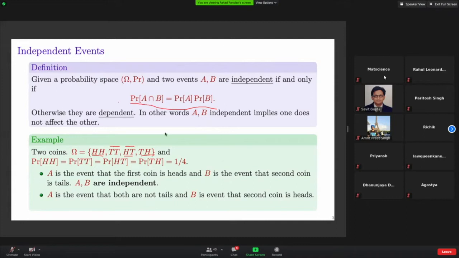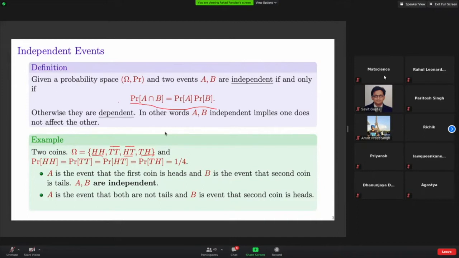Okay. So this is the formal definition. But in the first example, you will see that tossing the second coin does not depend on what comes from the first coin. Because of that, you can easily infer that they are independent. Look at the first example, where A says the first is head and B says the second is tail.